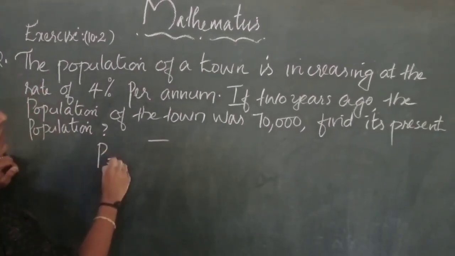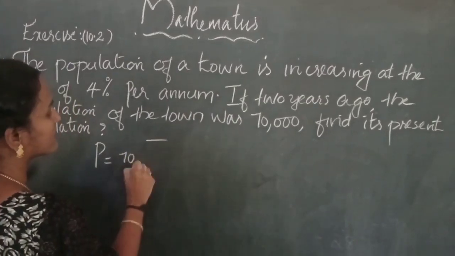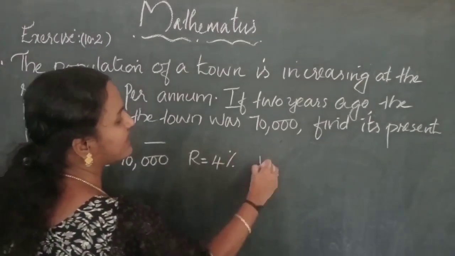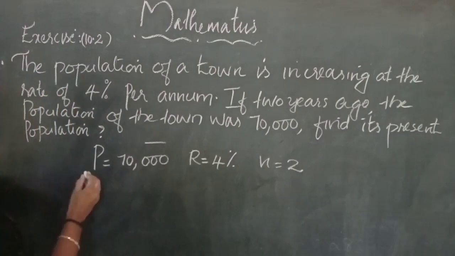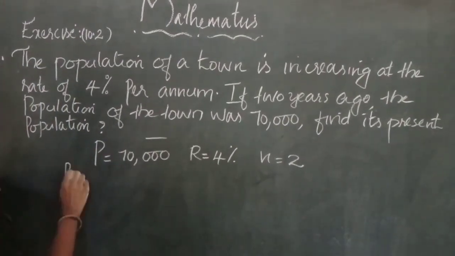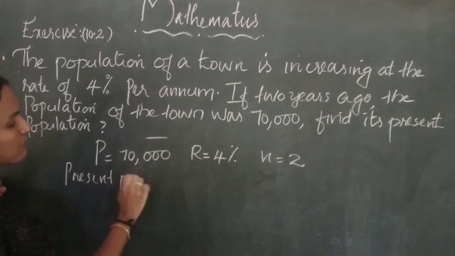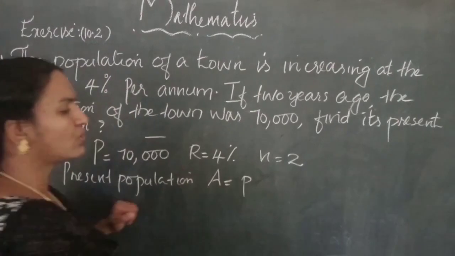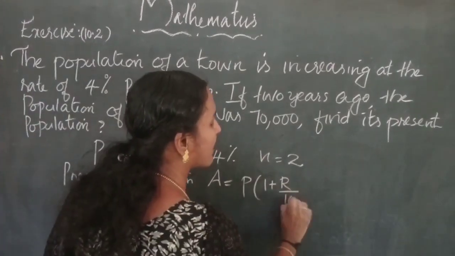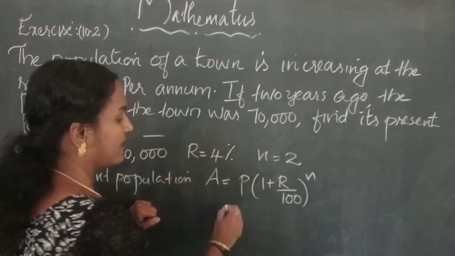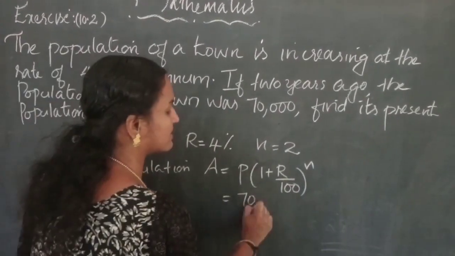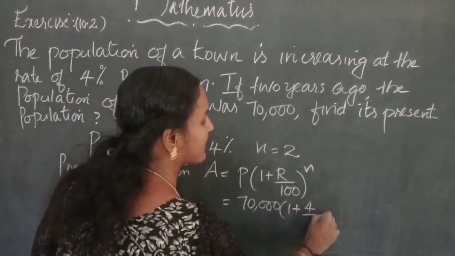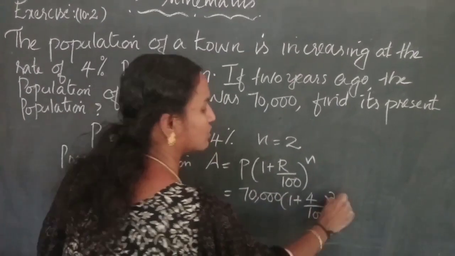So P is equal to 70,000, R is equal to 4% and n is equal to 2. We have to find the present population. So present population A is equal to P into 1 plus R by 100 the whole power n, is equal to 70,000 into 1 plus 4 by 100 the whole power 2.